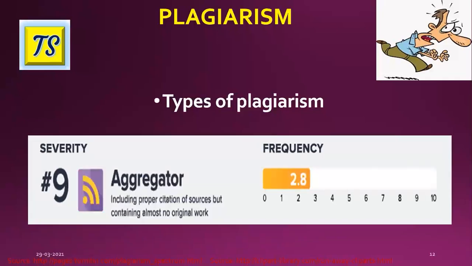This one is referred to as type 9, named as aggregator. You have included proper citations, but your contribution is 0. That means in the literature part, for example, in your research introduction and literature, some resources you have referred from other sources.